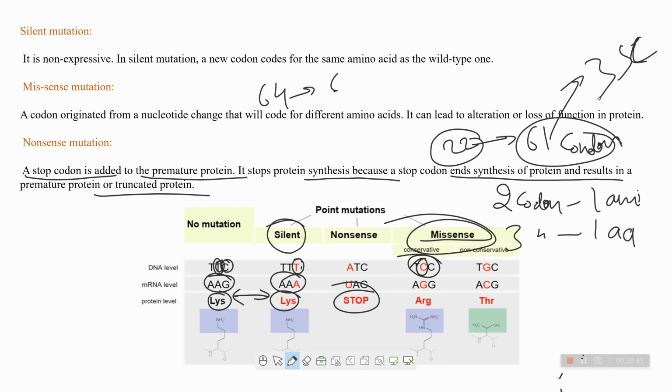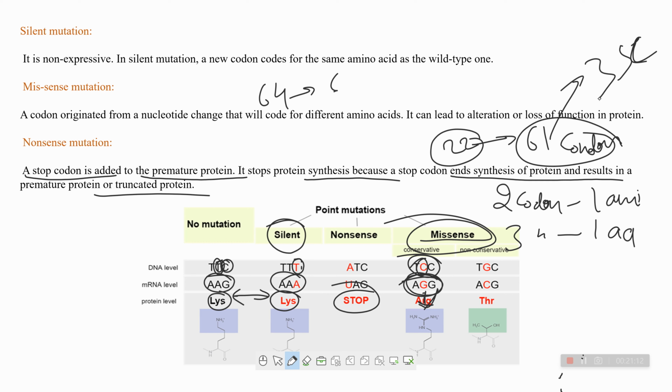This mutation changes the mRNA, and then this mRNA codon codes for arginine. Arginine means another type of amino acid. So this amino acid will be changed, and after changing the amino acid, the nature of the whole polypeptide will be changed.